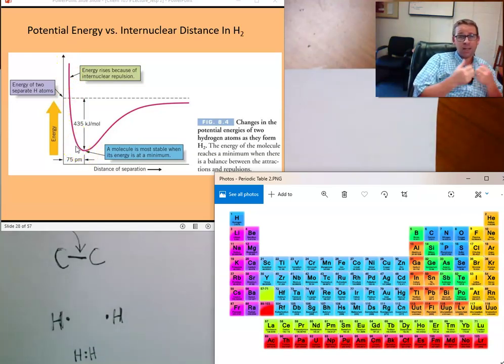The electron density and the nucleus, both of them will work against each other if they're too close and begin to repel. And that will increase the energy. But there will be a sweet spot here where we've minimized our energy.